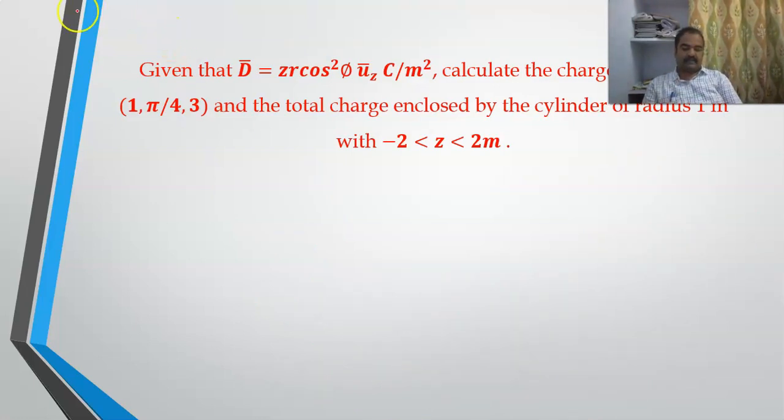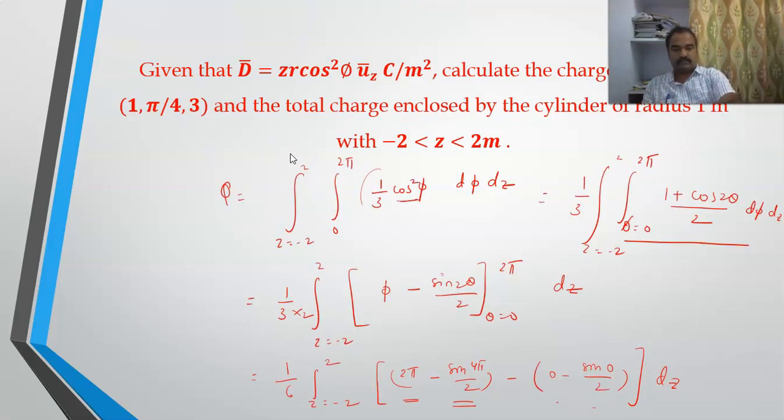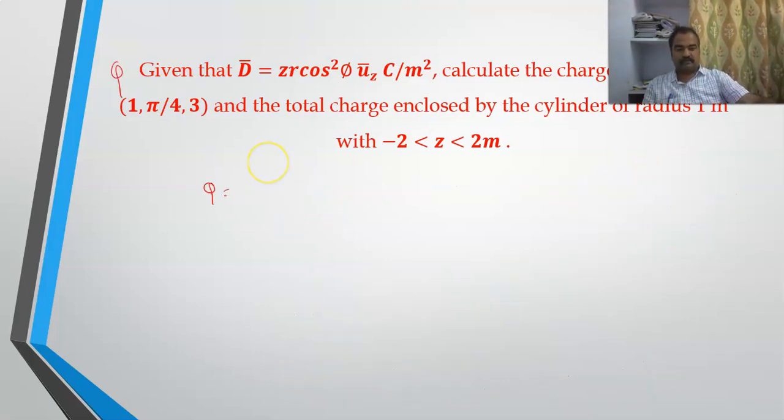So I will write it here. Q is equal to, already the answer which I had, 1 by 6, right? Z from minus 2 to 2.